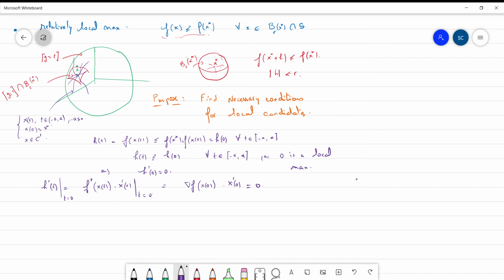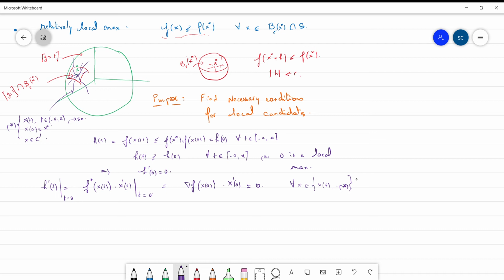I want it for any curve belonging to the set of curves x(t) that satisfy all these properties. If we can identify this set without introducing these curves x(t), we will get a necessary condition that will help us to conclude.